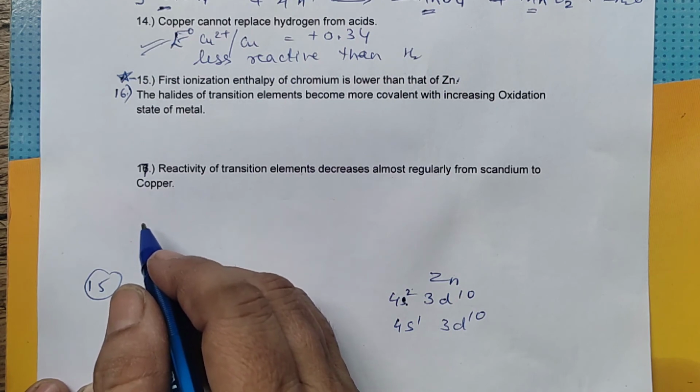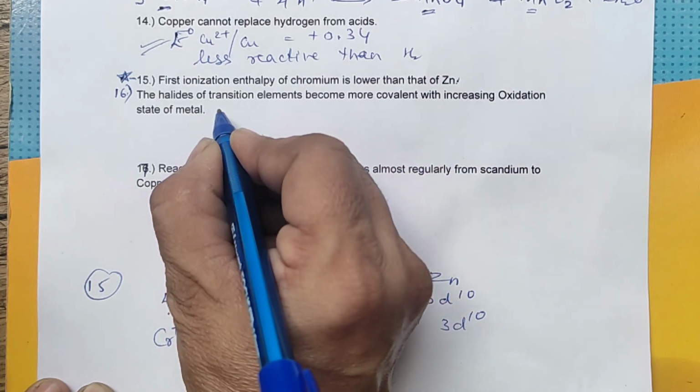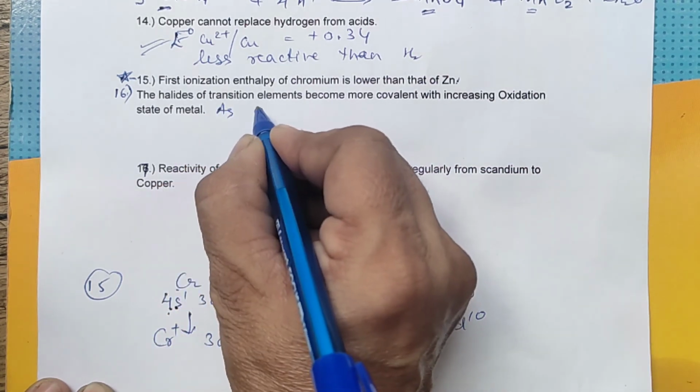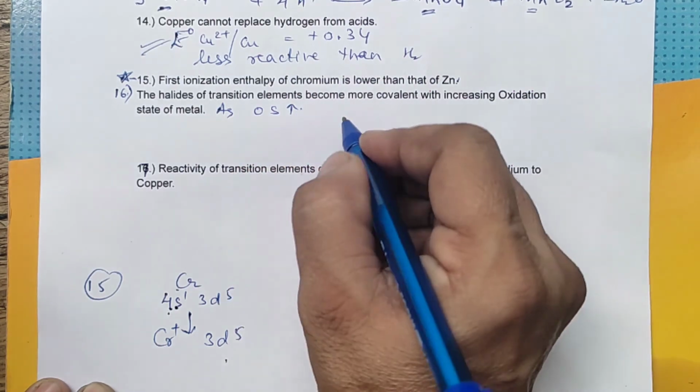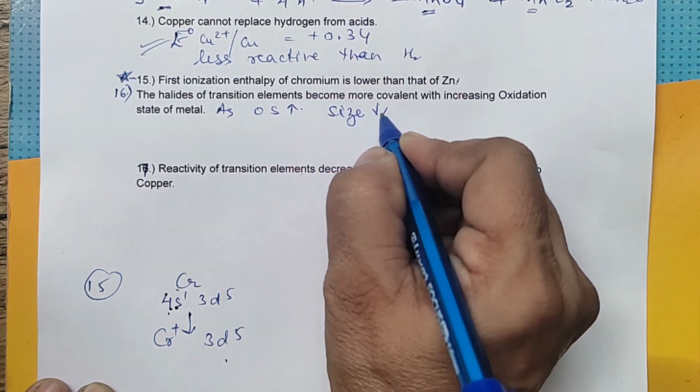Next, halides of transition elements become more covalent with increasing oxidation state of the metal. So what you will write in this is that as the oxidation state increases, the size decreases.